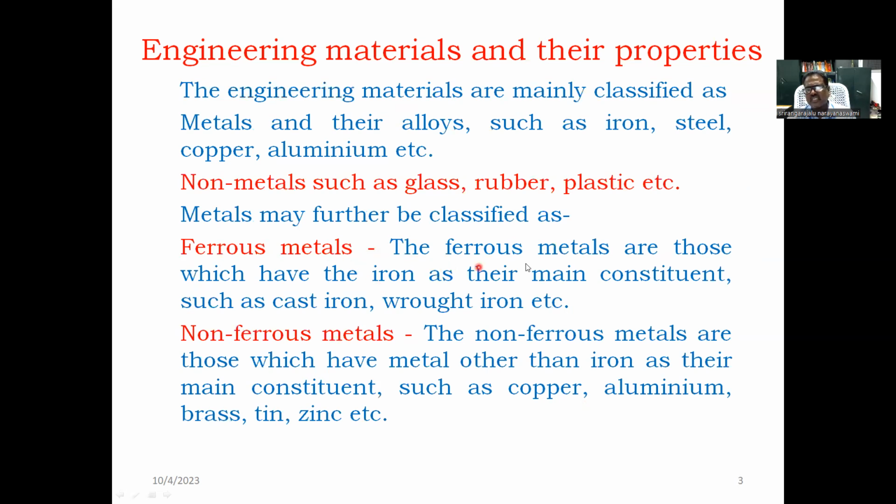Ferrous materials are those which have iron as their main constituent, such as cast iron, wrought iron, etc. Non-ferrous metals are those which have metals other than iron as their main constituent, such as copper, aluminum, brass, tin, zinc, etc.